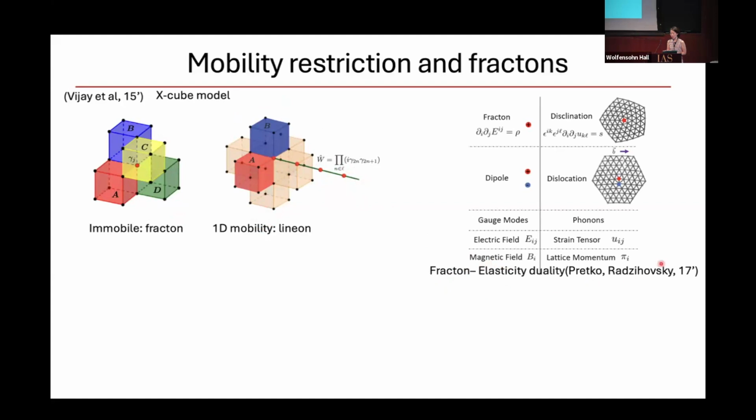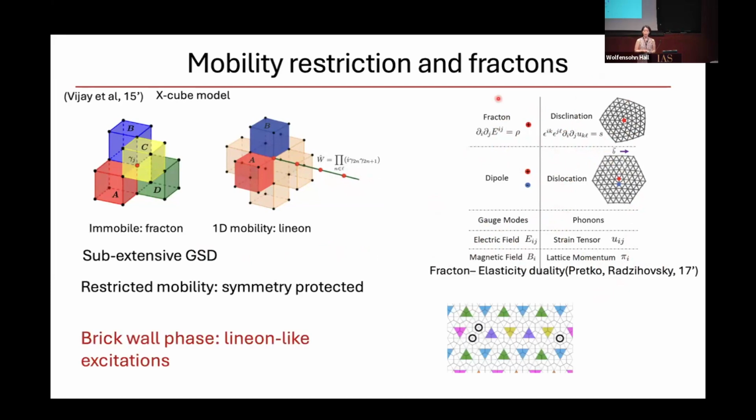Interestingly, Pretko and Radzihovsky pointed out that there is an interesting connection between the Fracton physics and topological defects of a lattice. And there was an observation that there's a connection between fractons and rank 2 gauge theory.